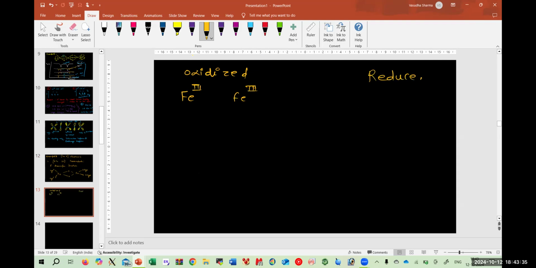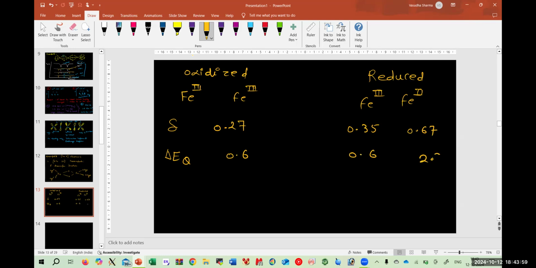In reduced form, one center is iron 3 and the other is iron 2 because one electron has been added. So iron 3 would give you this value of isomer shift and 0.6 of quadrupole splitting, whereas here the iron 3 is 0.35, 0.6, and for iron 2, 0.6 and 2.7.